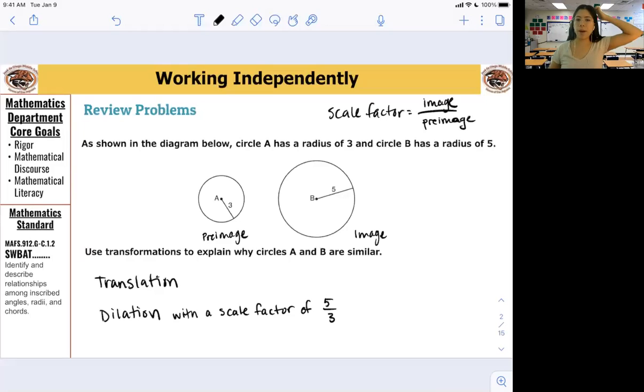Okay, I need to pause for a second because I know Daniel just got here. Daniel, this question is specifically for you. I'm going to give you an option right now. I need you to answer it in the chat. So I know that you're going to be absent tomorrow and Thursday because I got a call from your mom, and we were supposed to take a test tomorrow and Thursday. So my question to you is, do you want to take your test today or do you want to take your test all the way after spring break? It's completely your choice.